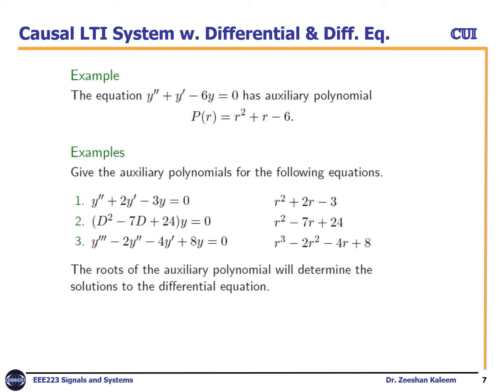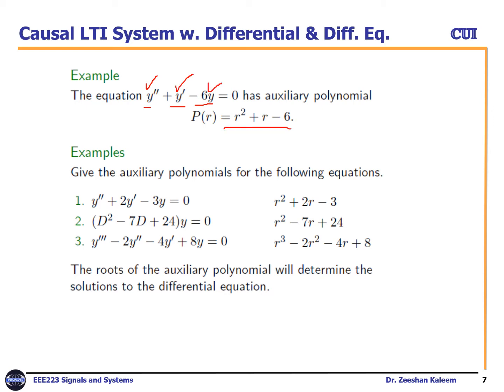Now we want to express things first in the auxiliary equation or auxiliary polynomial. For example, you have an equation y double dash plus y dash minus 6y. You can write it into auxiliary form in this way: r square for the double derivative, plus r minus 6. So this is the auxiliary equation.